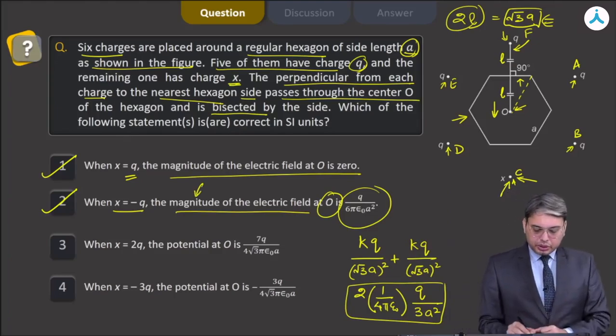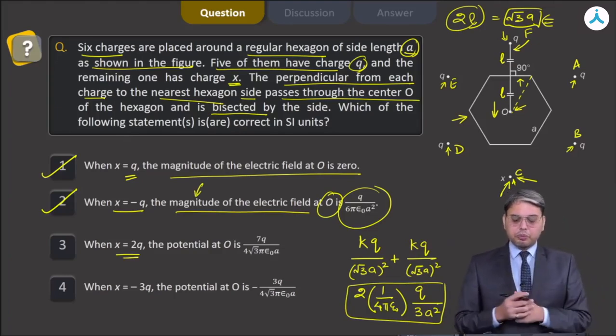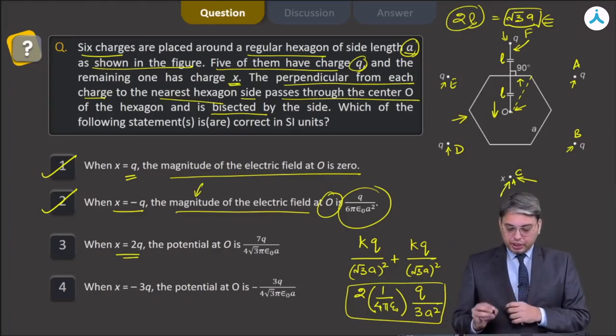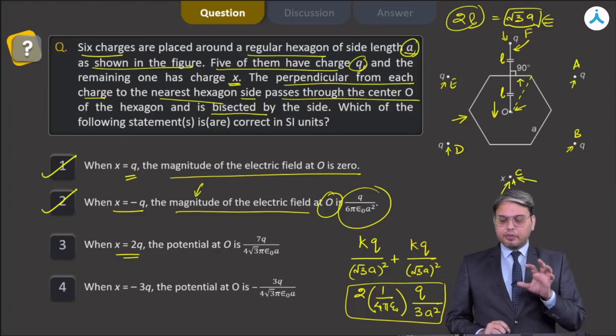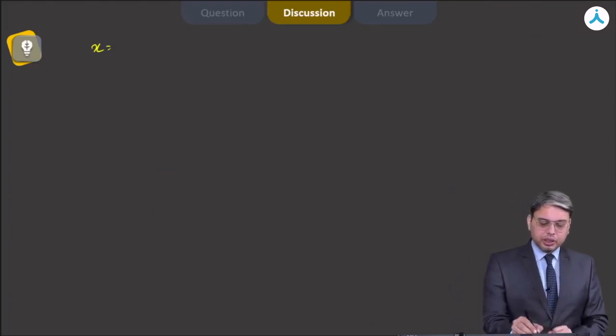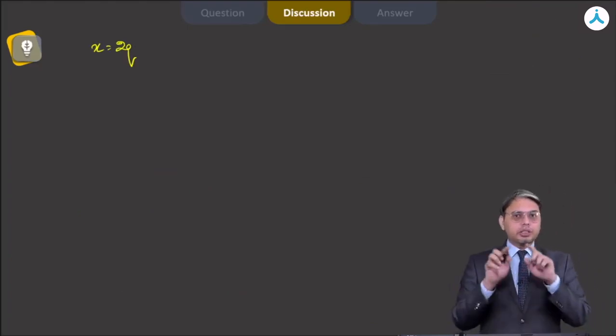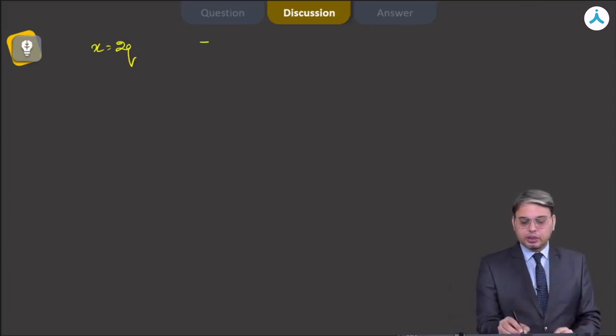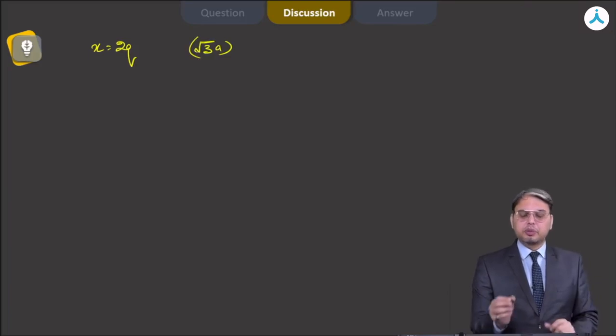Option 3 talks about the potential at O when x is equal to 2q. Now if you see, with the value of x equal to 2q, all the charges would be at the same distance, that is root 3a, from the center.